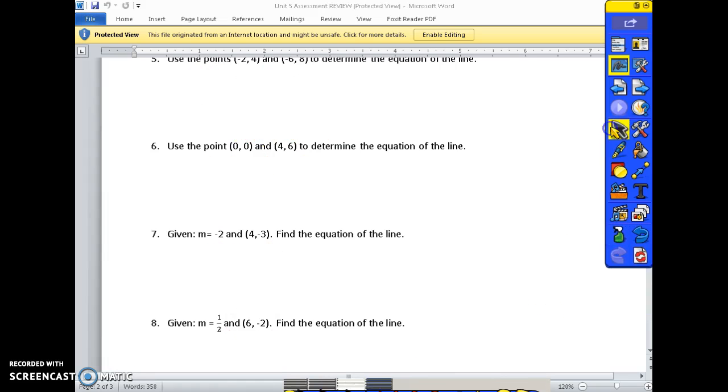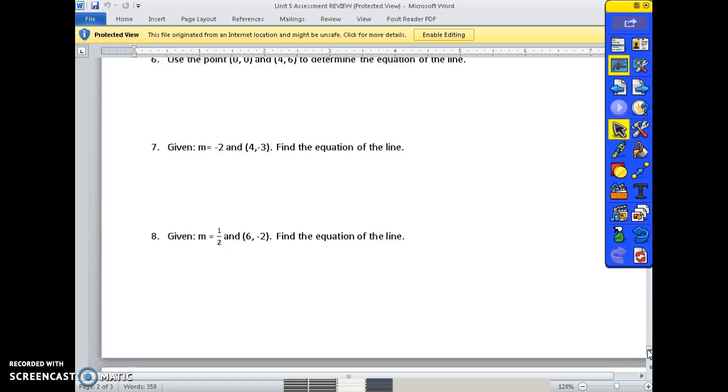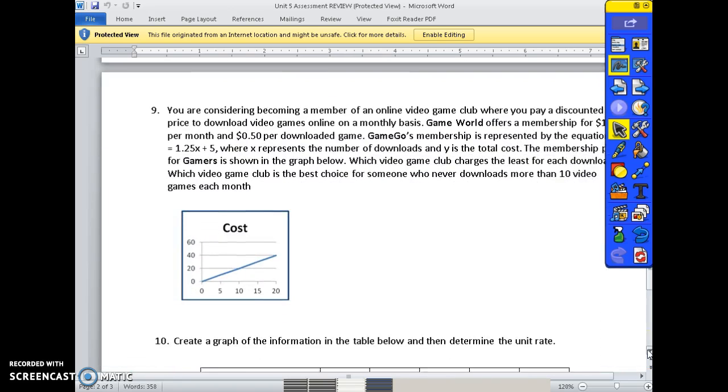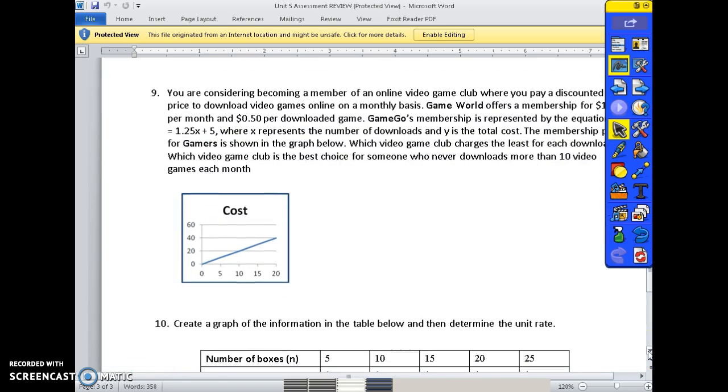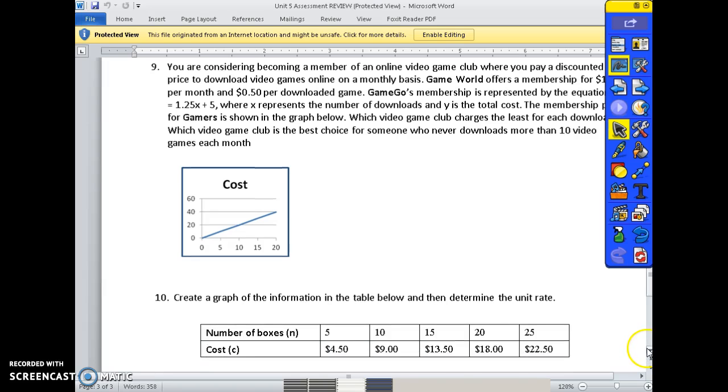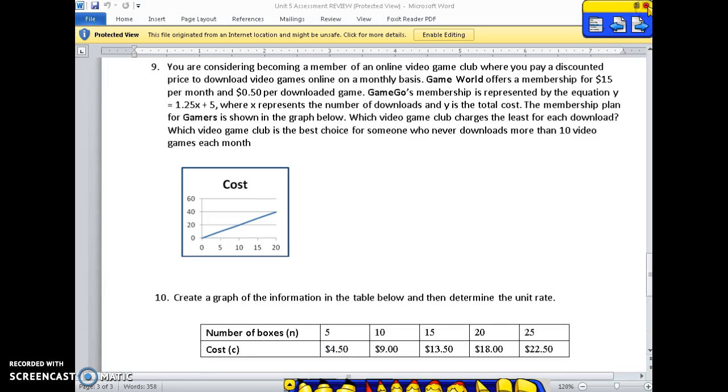Let's look at number 9. You are considering becoming a member of an online video game club where you pay a discounted price to download video games online on a monthly basis. Game World offers a membership for $15 per month and 50 cents per downloaded game.